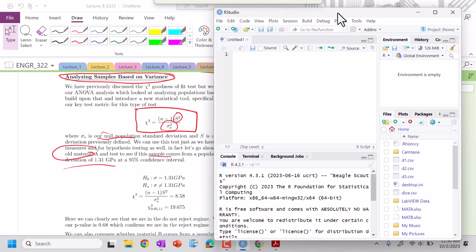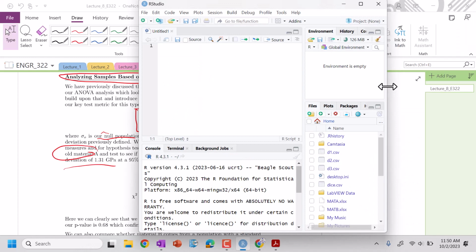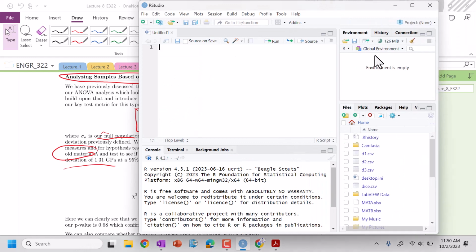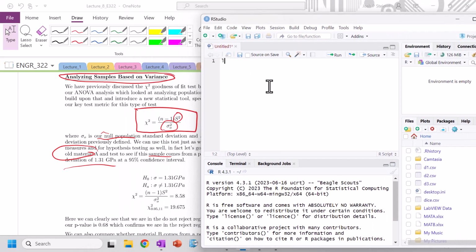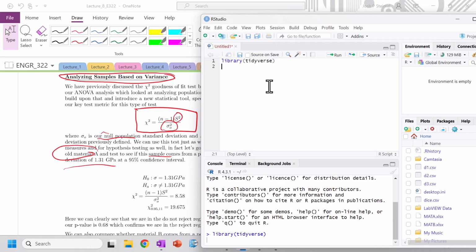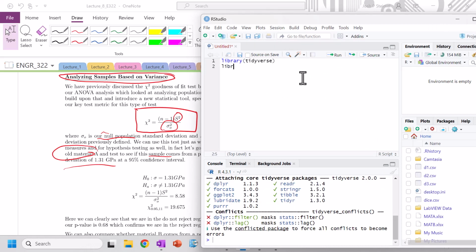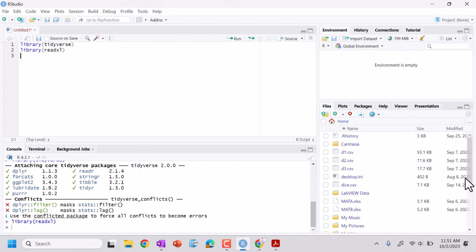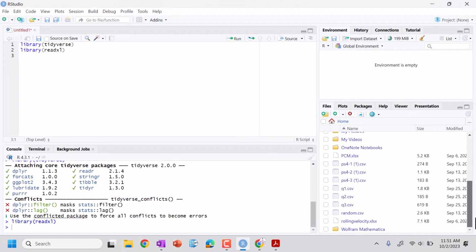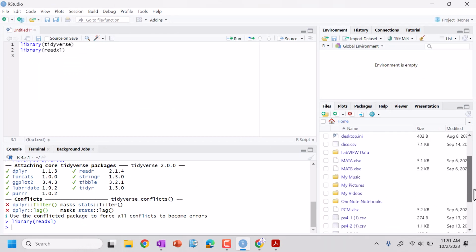Let's read in some variables here. Let's do library tidyverse. Then let's do library readxl, just in case. Let's read in our material A. Where is our material? Oh, here we go.